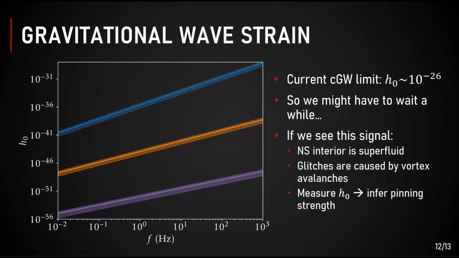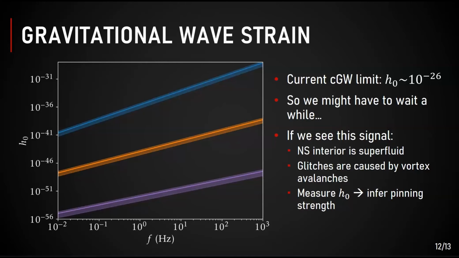And as the last one, I should say, are we going to see this? Well, we're not going to see them anytime soon. But when we see them, well, if we see them, we can say a couple of things. First of all, we can say that glitches are probably caused by vortex unpinning.